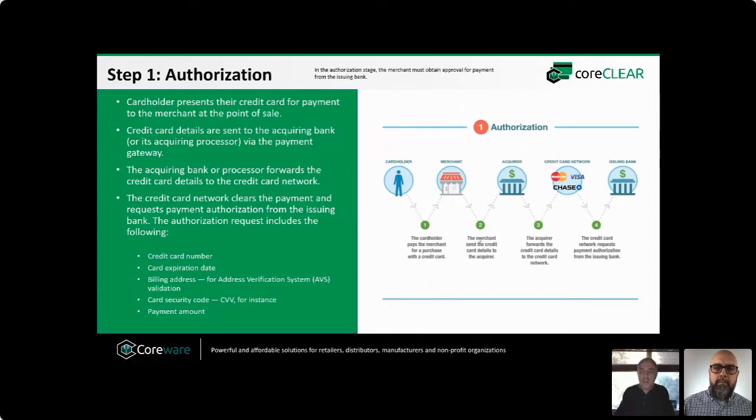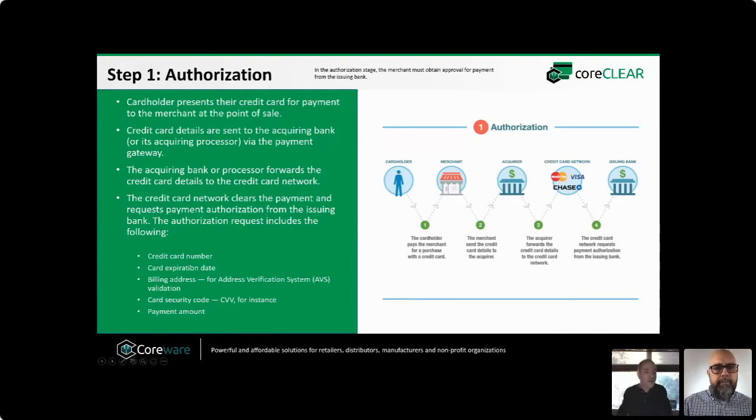Step 2, the merchant via the payment gateway, again, it starts with either a terminal or online. You're sending over those credit card details to the acquiring bank. The acquiring bank forwards the credit card details to the credit card network. And again, at that point, the network communicates back to the issuing bank and says, I need an authorization. So those are the steps for authorizing a card.